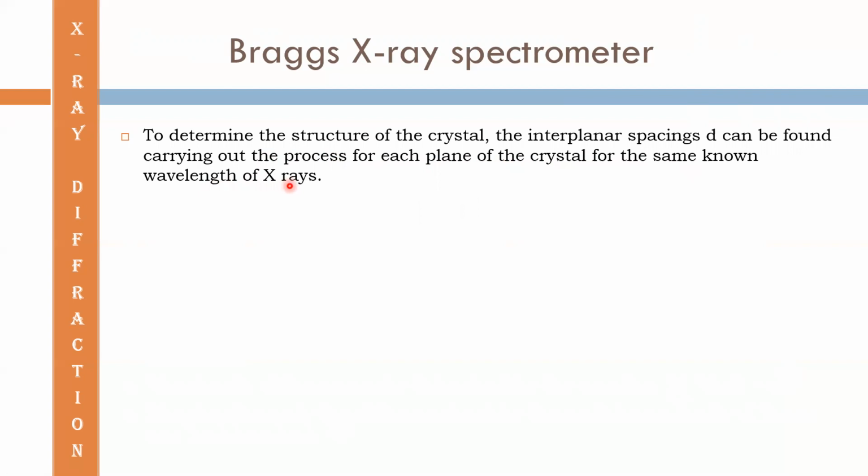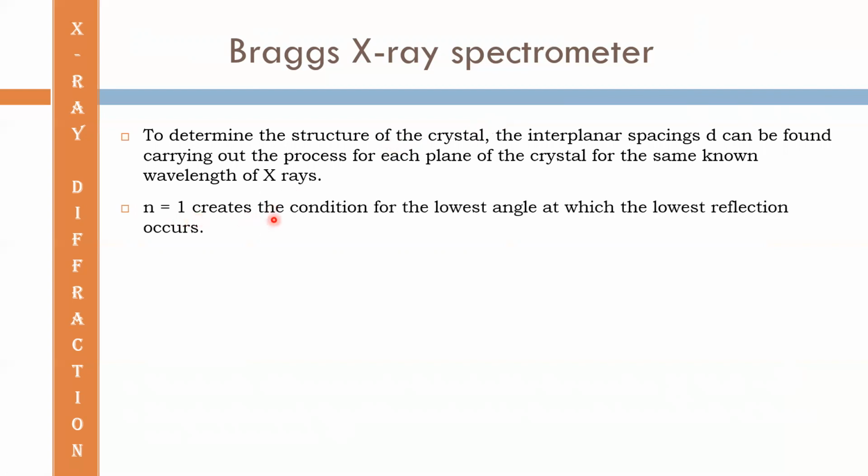So to obtain the crystal structure, we have to carry out the process for each plane. So we know that the interplanar spacing d can be found out using this method.